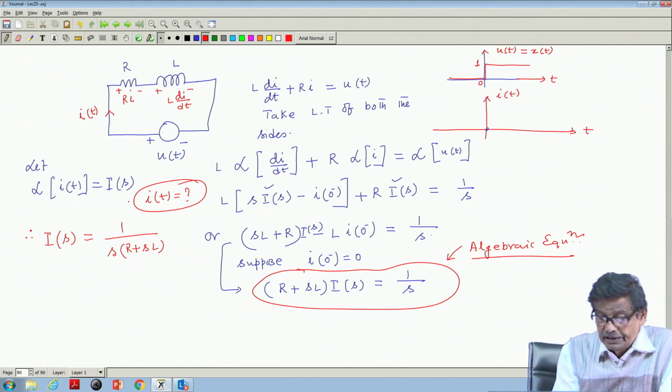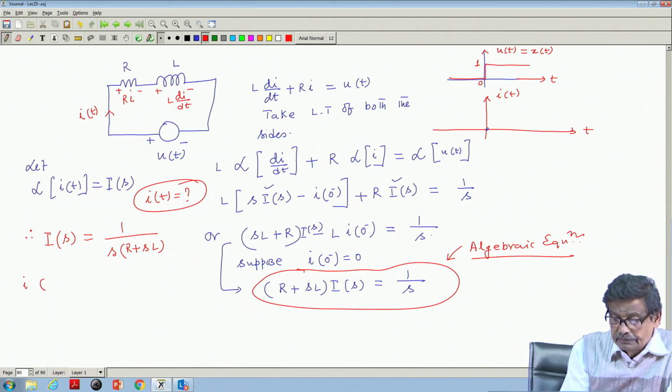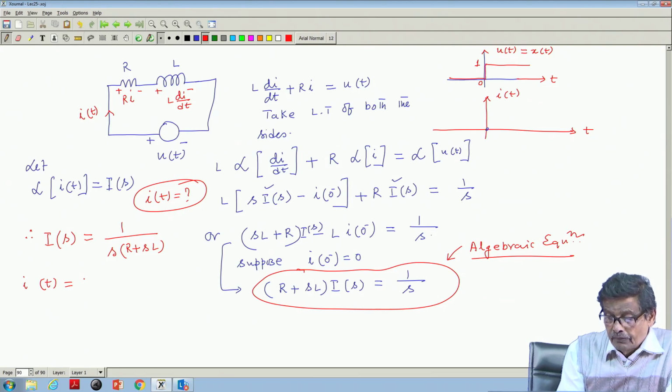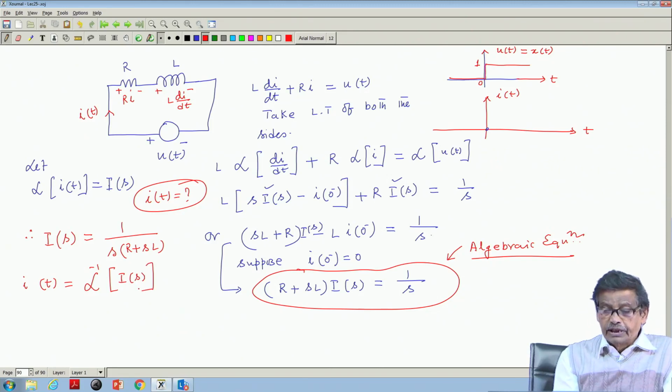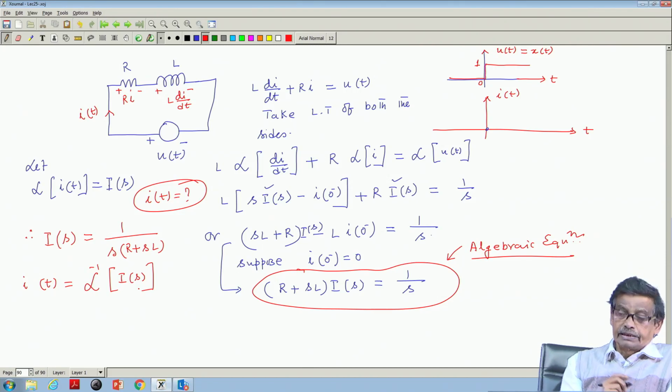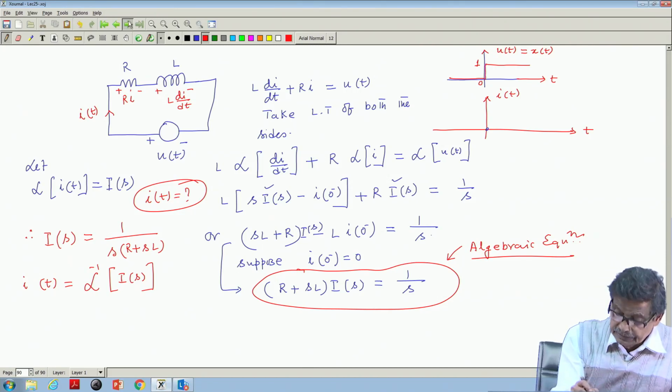Next step will be therefore, i(t). What you have to do is you have to take Laplace inverse of I(s), and if you take Laplace inverse you will get i(t). Now, let us do this.